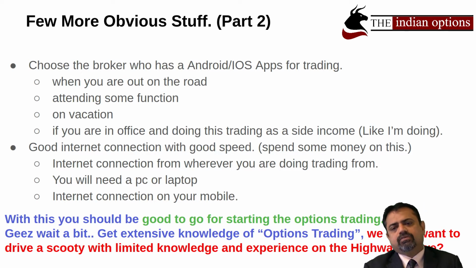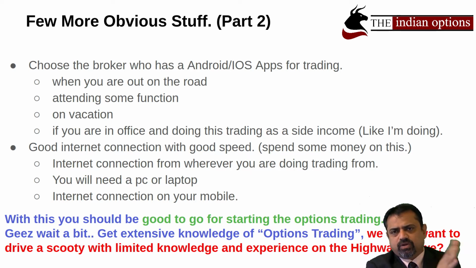Okay, now once you have this trading account ready, the first thing you need to do is learn, very important. When you want to do the trading, you are going to need only very few things, really. All these things I have said before: internet, mobile, trading platform, demat account stuff.